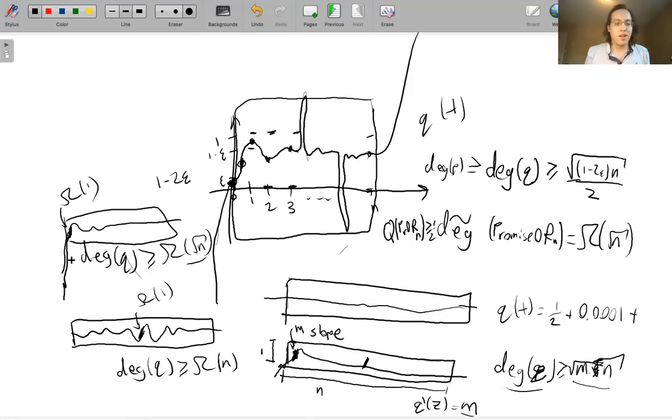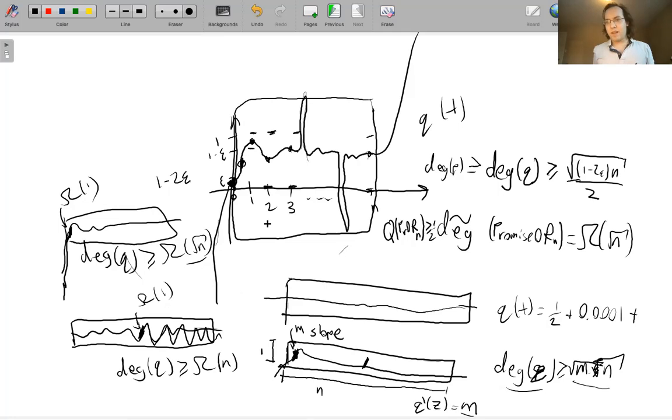But if you need to stay bounded the whole time and you have high movement here, you need to keep moving up and down in order to be contained within the box. That means you need to have a lot of zeros, a lot of minimums and maximums, so you need high degree in order to do this. That's the rough intuition behind these theorems, Bernstein's theorem and Markov brothers inequality.